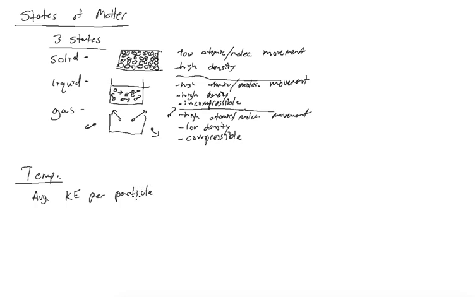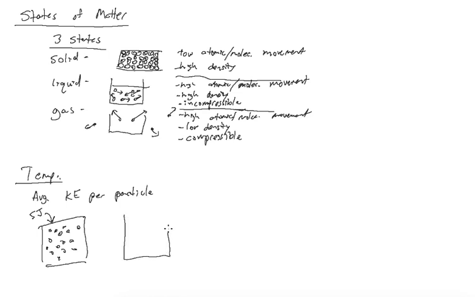If I give the same amount of energy to 2 different substances, one that has more particles than the other, then the one with more particles will have a lower temperature change. So if I have a box of gas with 1, 2, 3, 4, 5, 6, 7, 8, 9, 10, 11, 12, 13, 14, 15 different particles in it, and I give it, say, 5 joules of energy, it's going to raise the temperature, but that 5 joules is going to split between all 15 particles.